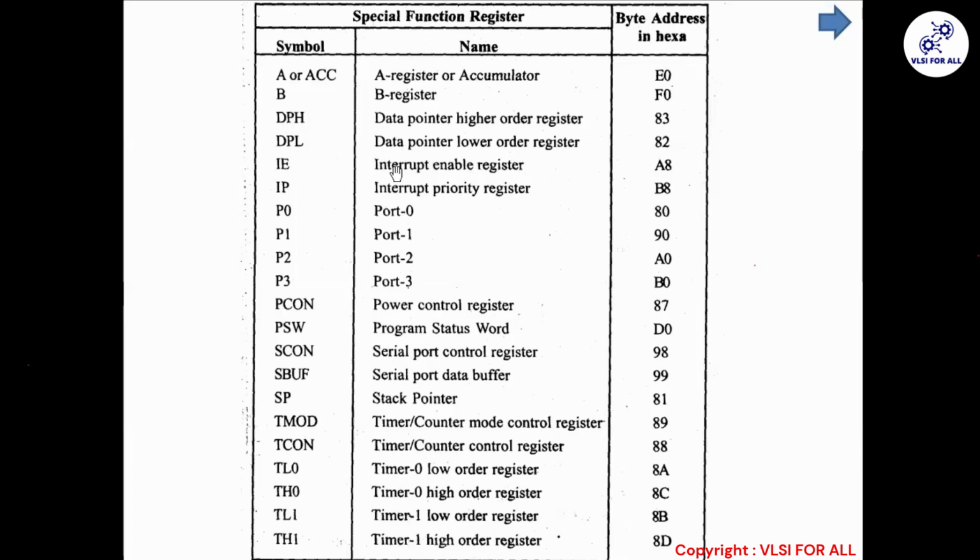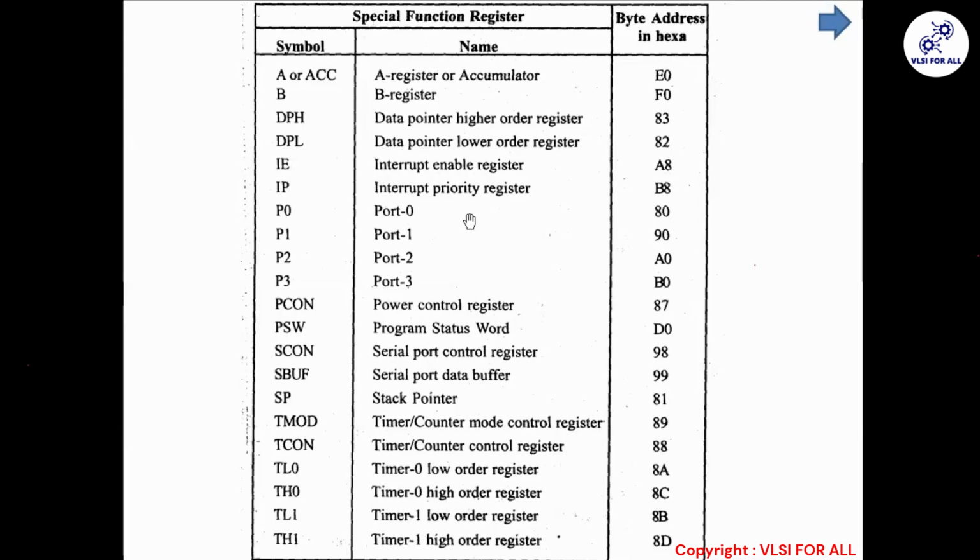That we can write in this register, called IE, interrupt enable. Which interrupt to be enabled and which not, we can decide from here, and it is available at address A8. Obviously, we don't have to remember this address, but we must know how these registers work so that we can incorporate them in our program. That is the most important thing for us.